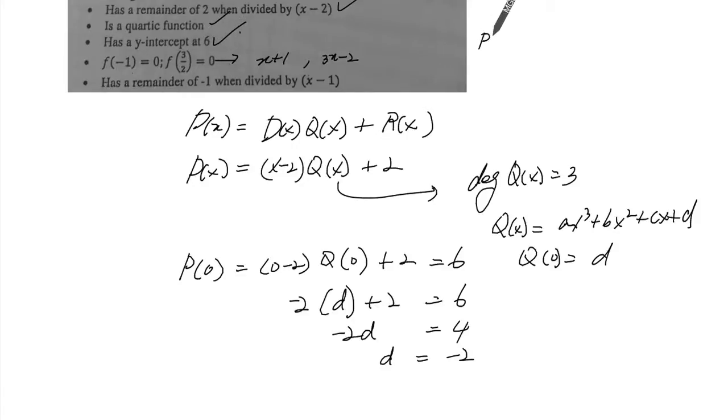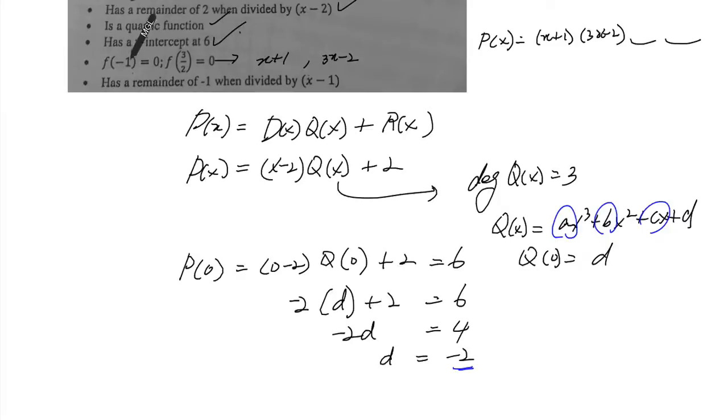So in other words, our p(x) is x plus 1 times 3x minus 2 times 2 other factors. I think the best way to approach this problem is, if I could just find a, b, c, since we already found d, we can get the entire polynomial.